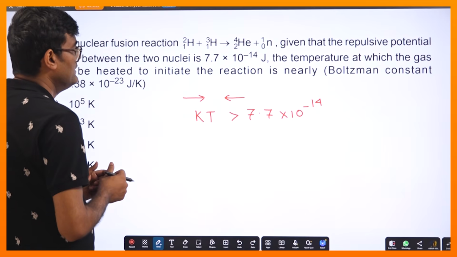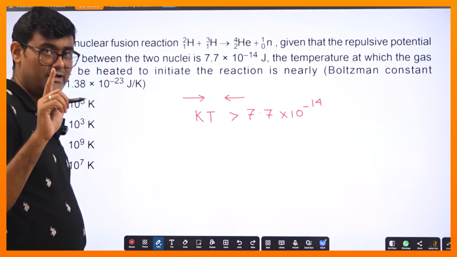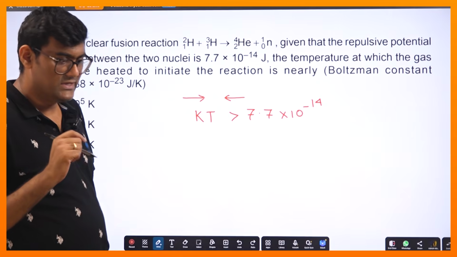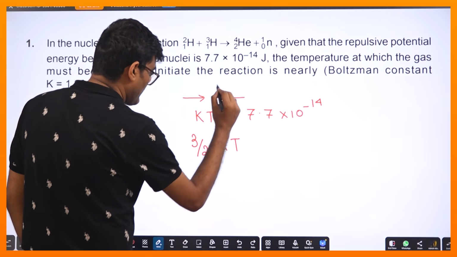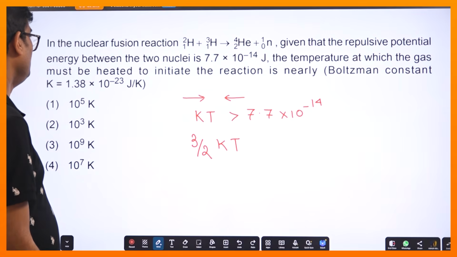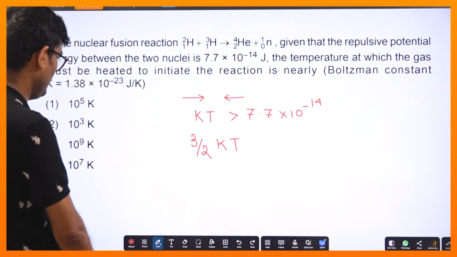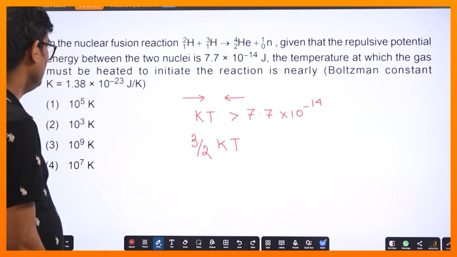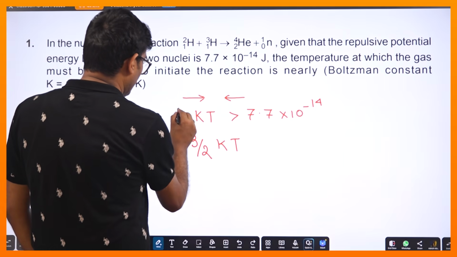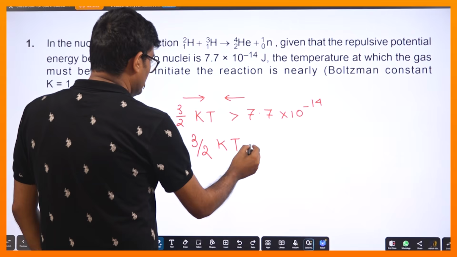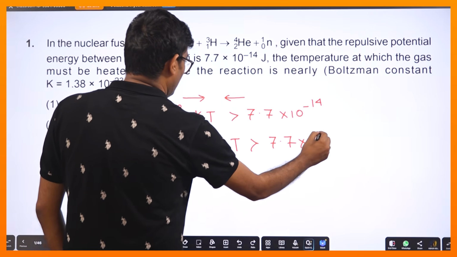If we have studied thermodynamics, then you must have studied that the average kinetic energy for each molecule is 3 by 2 kT, right? The question asks for the temperature at which the gas must be heated to initiate the reaction, and since it is asking nearly, it should be 3 by 2 kT, which must be greater than 7.7 into 10 power minus 14.